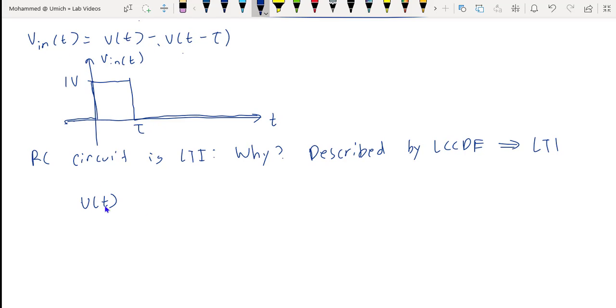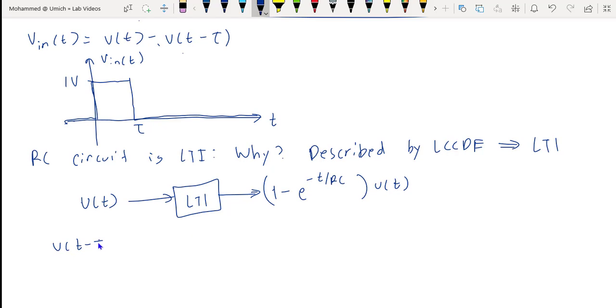So for u of t as the input, we saw in the previous video this is the step response, which is 1 minus e to the minus t over RC times u of t. Now, if I pass in u of t minus tau to the RC circuit, this is the same thing as u of t, just shifted to the right by tau units.